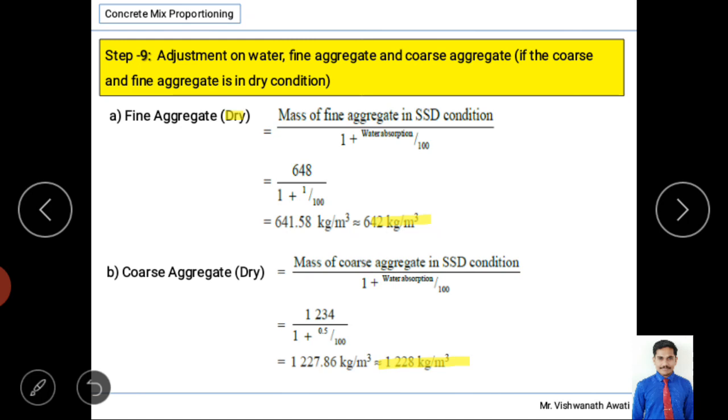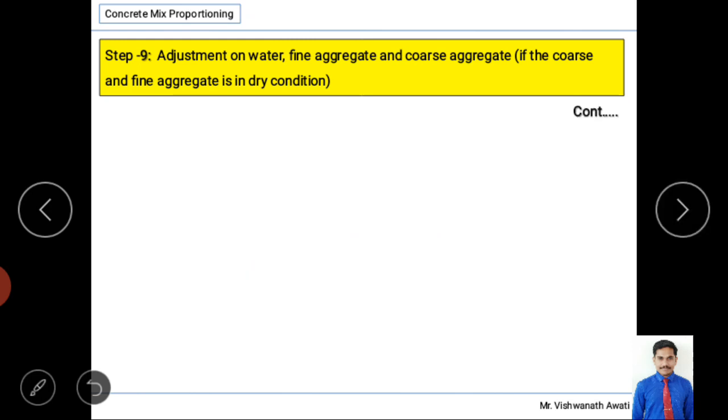Earlier it is how much? 1234. Now we are getting 1228. Means how much is the reduction? Here also almost 6 kg per meter cube of reduction in the coarse aggregate. Just remember coarse aggregate in SSD condition, coarse aggregate in dry condition. Correct. So we'll go for next.